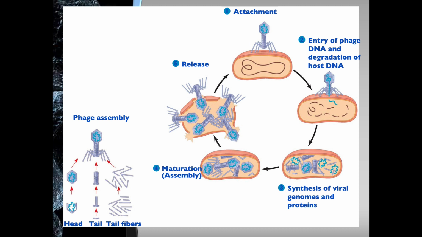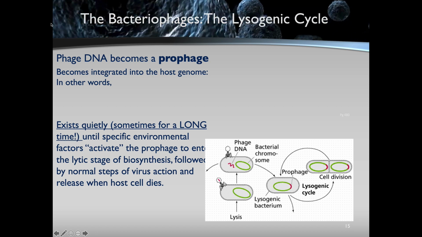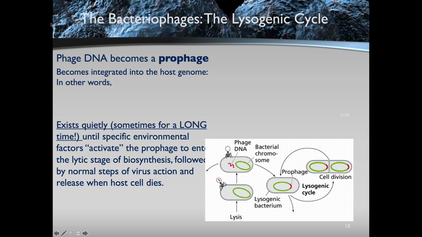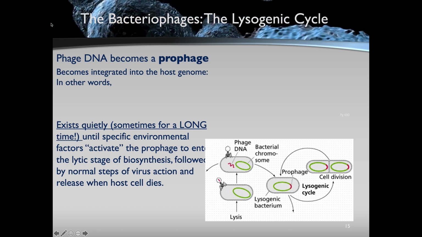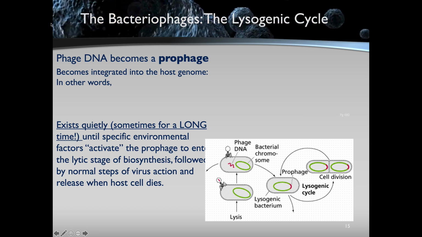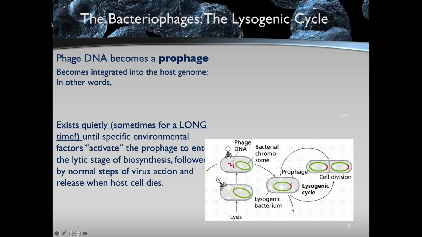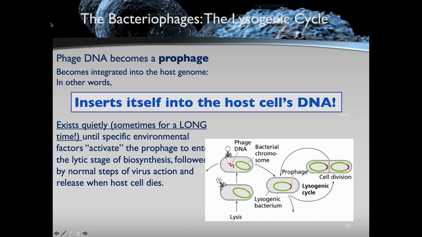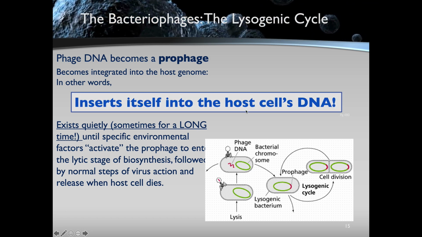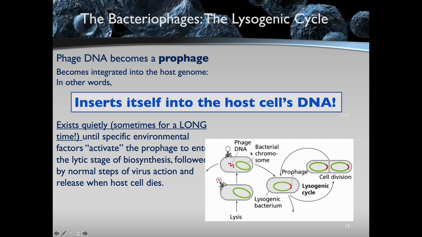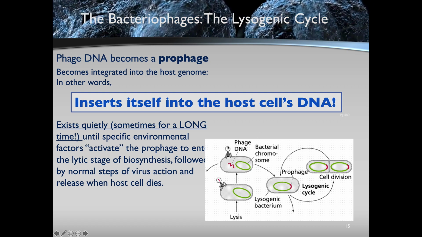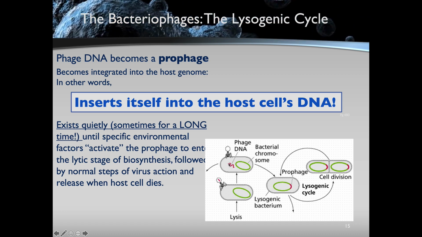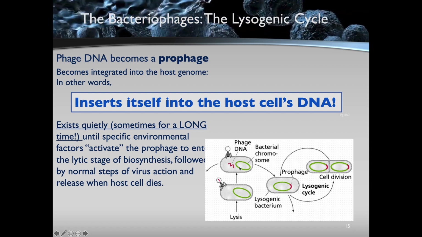There's also another type of virus that can cause what's known as a lysogenic cycle of infection. For the bacterium, the phage DNA that goes inside will become what's known as a prophage. That DNA will become integrated into the host genome. In other words, it will insert itself into the host DNA. If you look at the picture here, we have a phage that has injected new DNA inside of the bacterial cell.